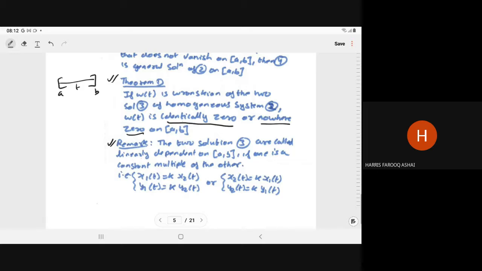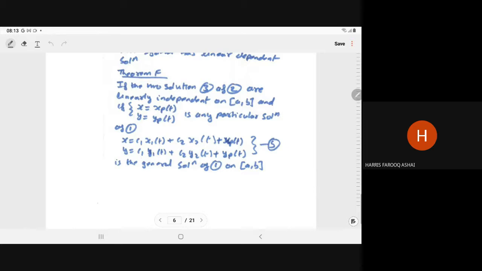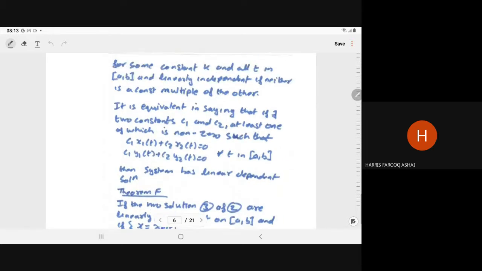About linear dependency and independency, you know, if one can be written as a constant multiple of the other, for example x1 = k times x2, or y1 = k times y2, or x2 = k times x1, or y2 = k times y1, where k is a constant, then we say they are linearly dependent, otherwise linearly independent. And only linearly independent solutions can form the general solution. That also you know from the theory.